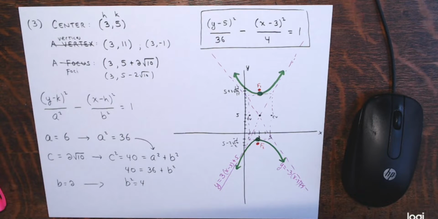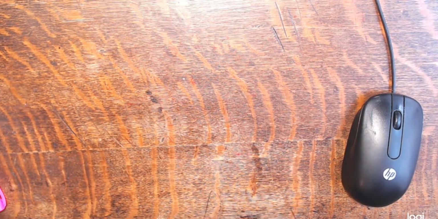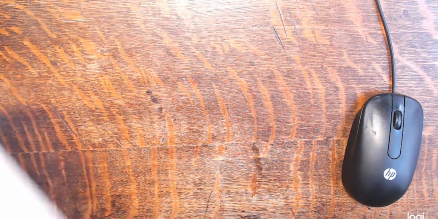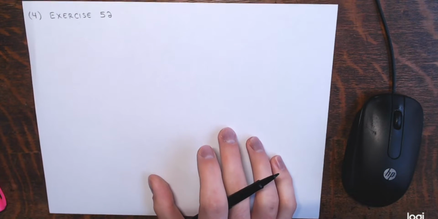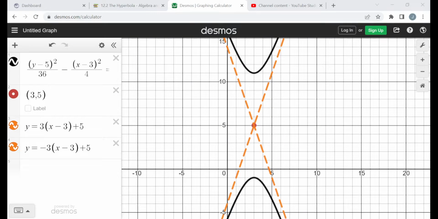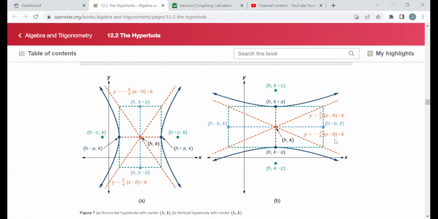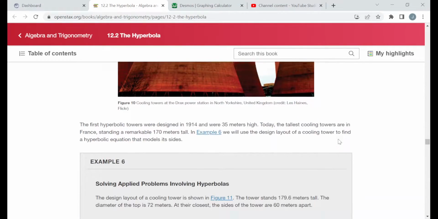Okay, so now my last couple examples are some pictures given to us, some graphs from the text. So the next one I want to do is exercise 52 from the text. So let's go back to the textbook, and I'm going to scroll down till we get to the exercises.